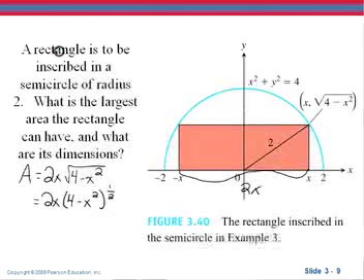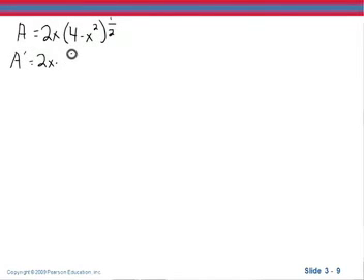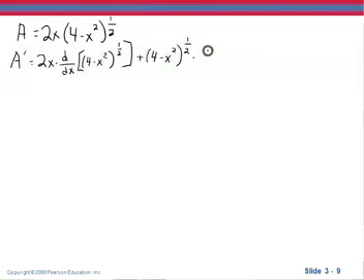Okay, so we just said that our area is 2x times 4 minus x squared to the positive 1/2 power. Now, this is a product rule, so when we take the derivative, it's going to be the first function times the derivative of the second, 4 minus x squared to the 1/2, plus the second, 4 minus x squared to the 1/2, times the derivative of the first, which is 2x.